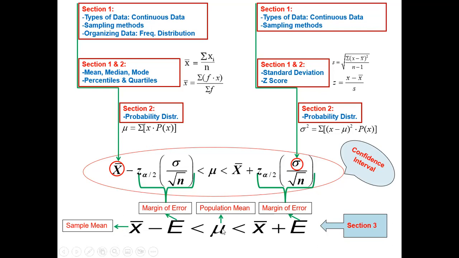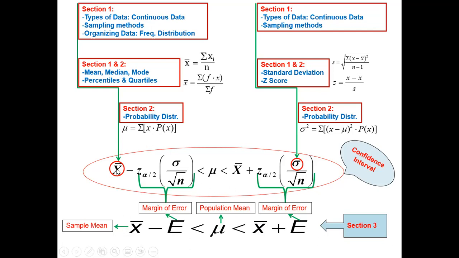You can't get to everybody in the population, so you take a sample and get your sample mean. Then you ask, how far away is this sample mean from the population mean? That is where the margin of error comes in. It could be far away on the left, it could be far away on the right. So you're trying to see how far away the sample mean is from the population mean, which you are trying to estimate.